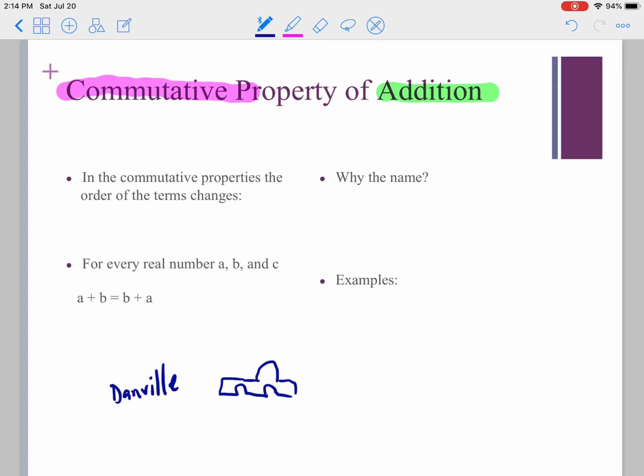So I'm going to drive a truck to Lexington. Let's give it a little windshield here. And I'm going to drive my truck to Lexington to work. That's my commute. Okay? And that is about 42 miles. So I'm commuting 42 miles.